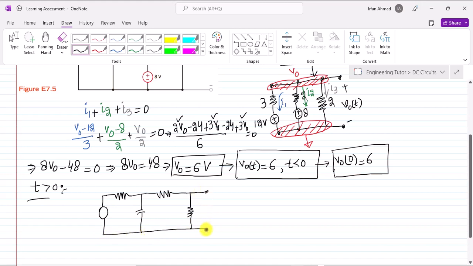Okay, so that is the circuit now in which we have to find the expression for V naught of t. So now what is the value of this?